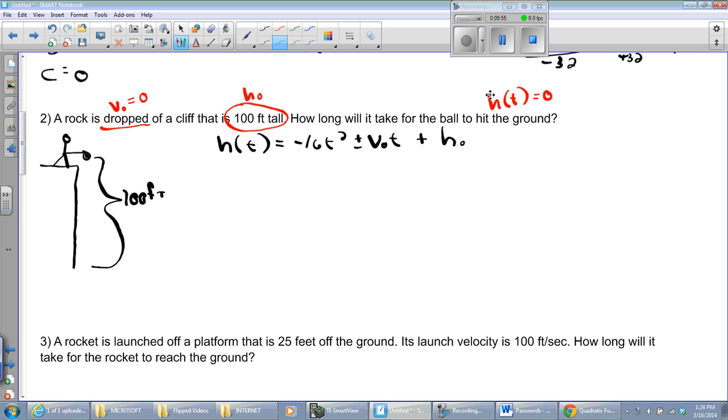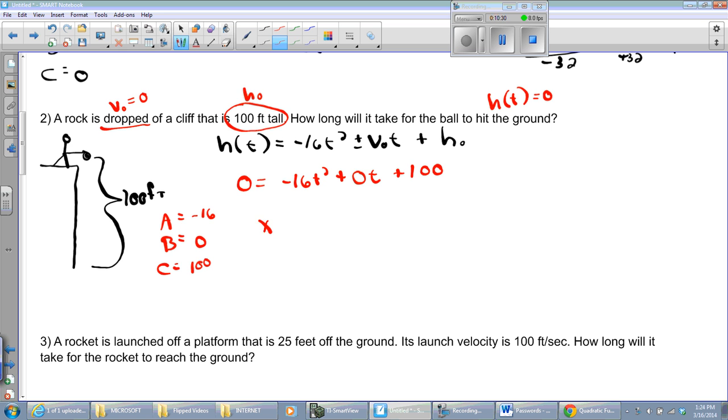And remember, we want our quadratics to always equal 0, right? So that's a good thing. Okay, if it didn't equal 0, I'd have to subtract it off. But anyway, so I'm going to get 0 equals negative 16 t squared plus 0t plus 100. So if I go quadratic formula on this one, A, B, C, A is negative 16, B is 0, C is 100.